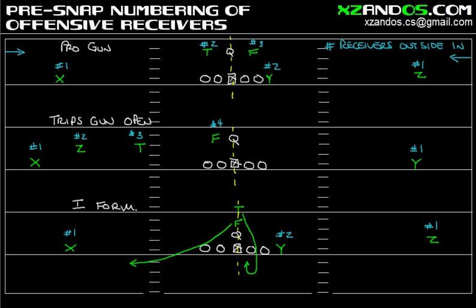After the ball has been snapped, now we can count these receivers, and defensive players would have to do this on the fly. But the tailback would now be number 3, and the fullback would now be number 2. So now we have 2 wide receivers on the left and 3 receivers on the right, but we would not be able to determine the numbering of the running backs until after the snap.